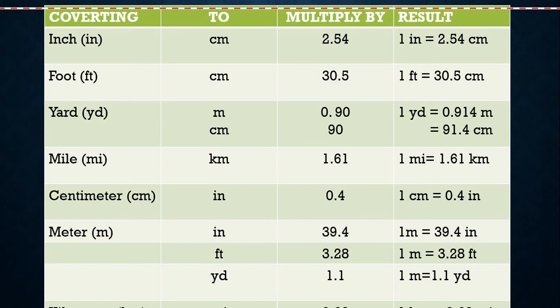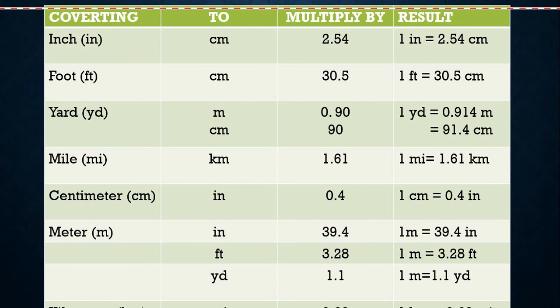Next is mile to kilometer. Multiply by 1.61. So 1 mile is equivalent to 1.61 kilometer. Centimeter to inch. Multiply it by 0.4. So 1 centimeter is equivalent to 0.4 inch. Meter to inch is multiply it by 39.4.